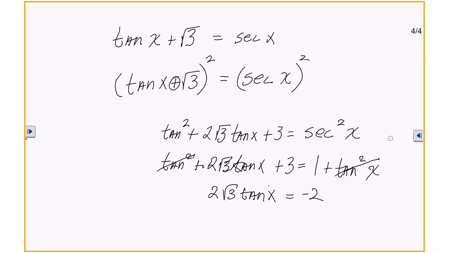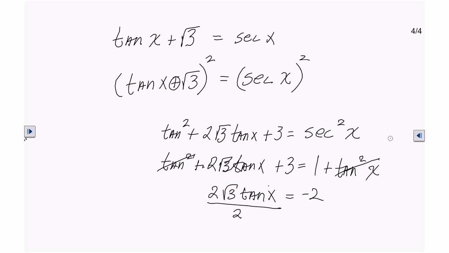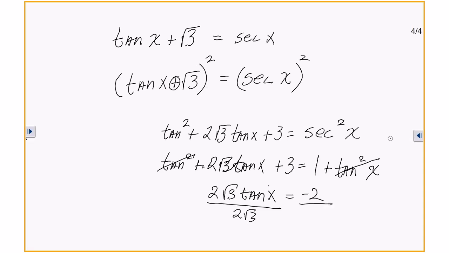Divide by 2 square root of 3. I would go ahead and try to get that, because you may see something, it may be a special angle.